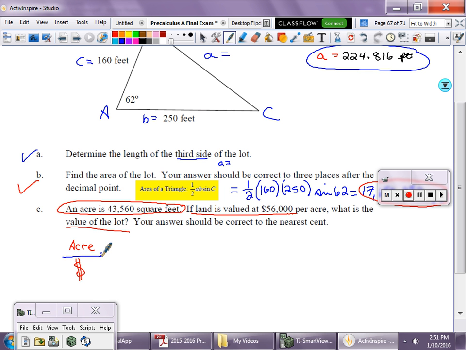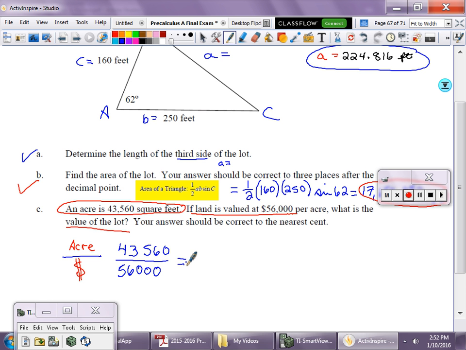We have a proportion here. Proportion is the most commonly utilized equation in higher mathematics. We are looking at acreage over money. So 1 acre is 43,560 square feet. The money value is $56,000 per acre.